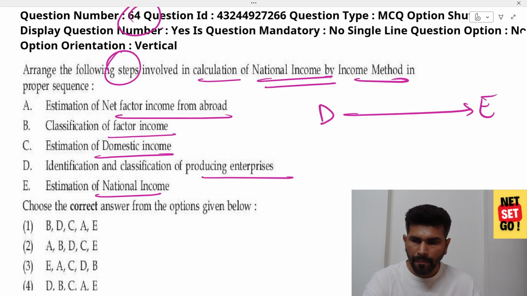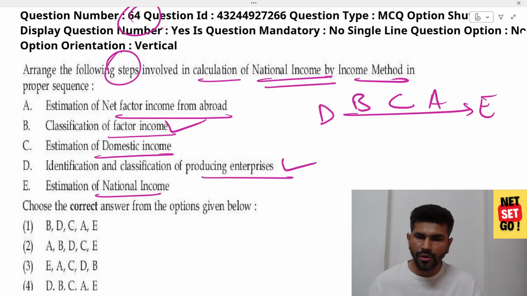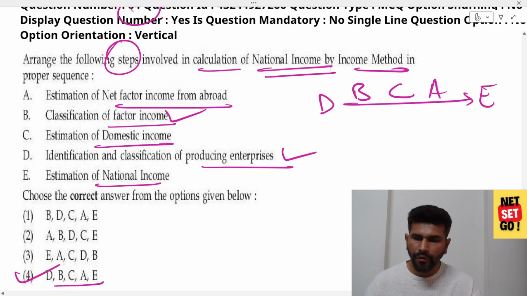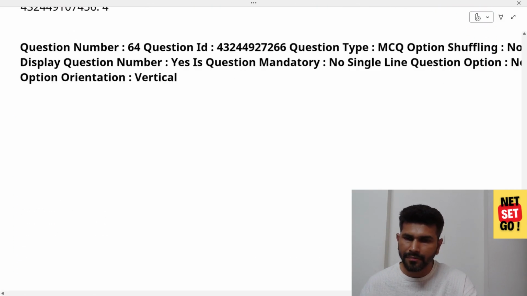So D, identification and classification of producing enterprise, then classification of factor income, B, then C, estimation of domestic income, then estimation of net income from abroad, and last, estimation of national income. So D, B, C, A, E is correct sequence. Option 4 is correct answer.